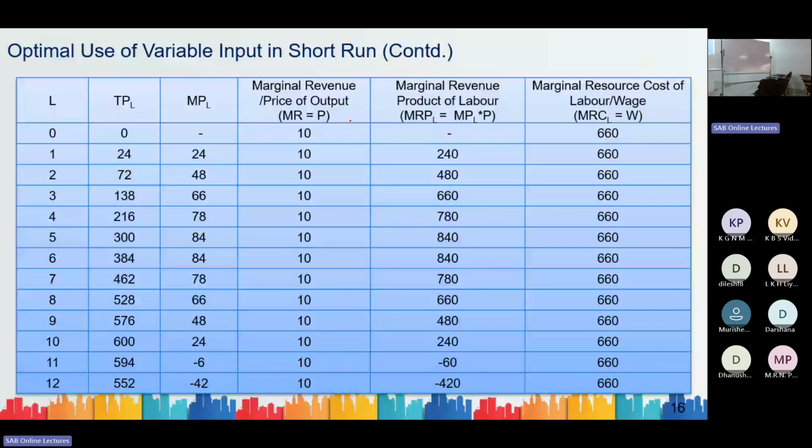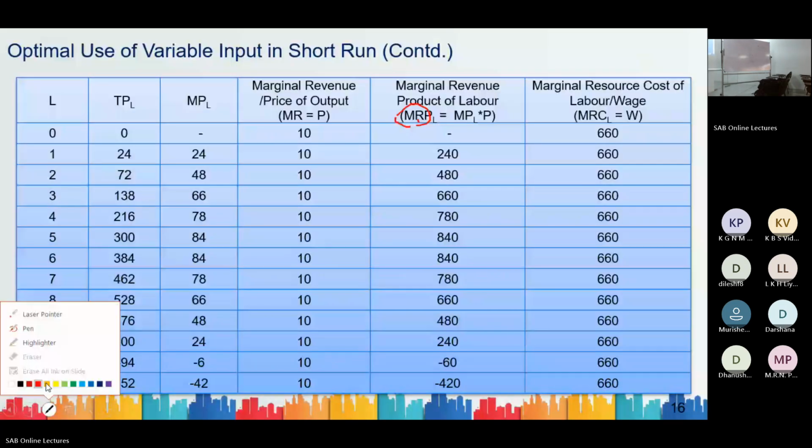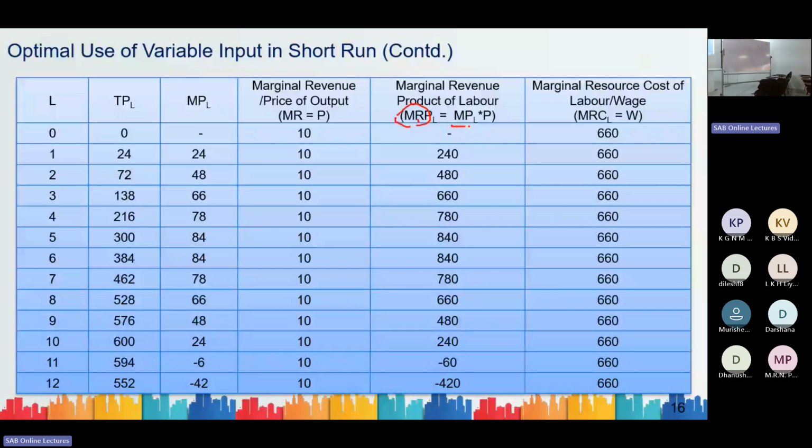Marginal revenue product of labor is marginal product multiplied by the price.